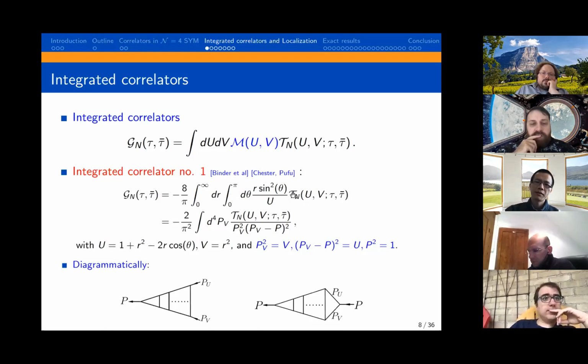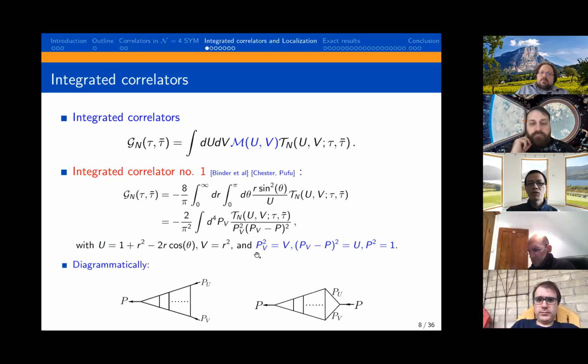So one measure was found originally in these papers. Well, actually, I changed it a little bit. Take this form, written in spherical coordinates. When I saw it the first time, I didn't get any feeling. Of course, it was derived from localization, but I didn't get much feeling. However, since you have spherical coordinates, you can write it back as a four-dimensional integral, just combining theta and so on to make it a vector.